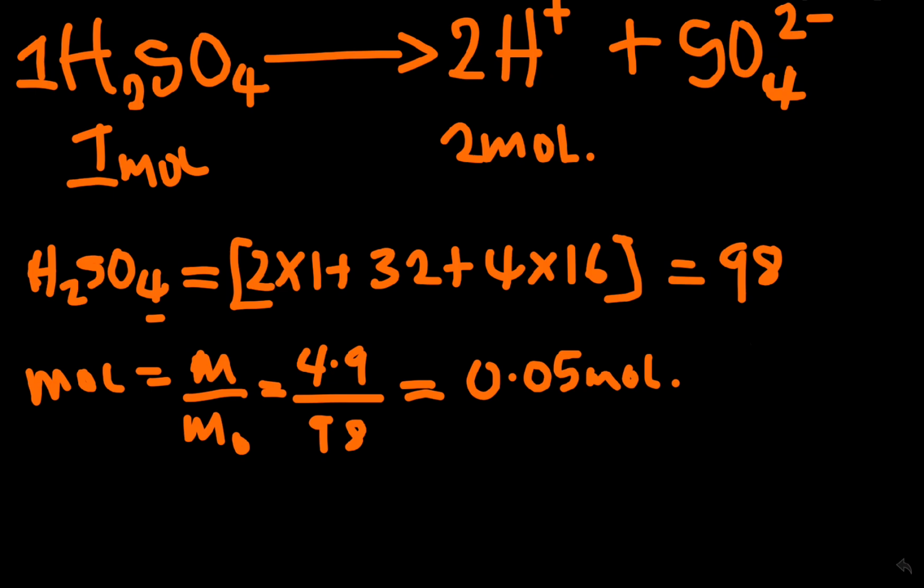Once this is established, the next thing to do is to solve for the number of ions, which is what we are asked to solve for. But we need to first compare this before we solve for the number of ions. From our equation here, we have 1 mole of H2SO4 and 2 moles of hydrogen ion. And from the data given, we're able to get 0.05 mole.